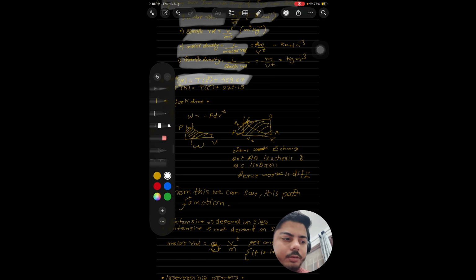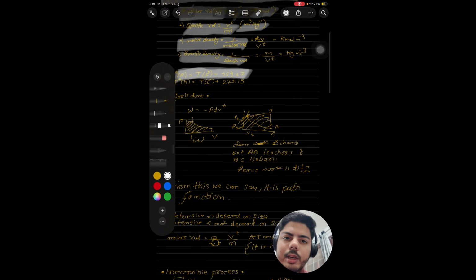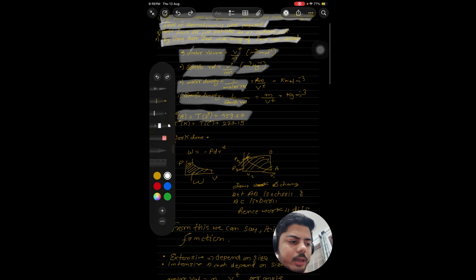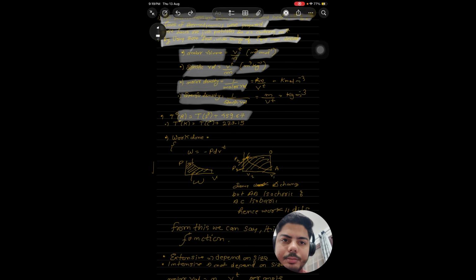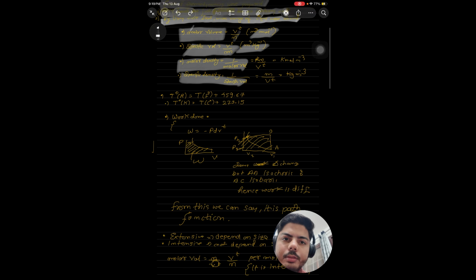For example, if you have the temperature in Fahrenheit and you want to calculate the temperature in Rankine, you need this conversion.